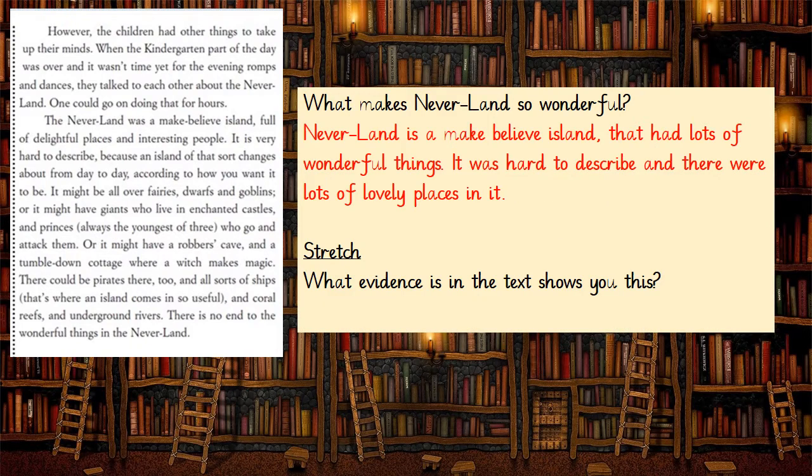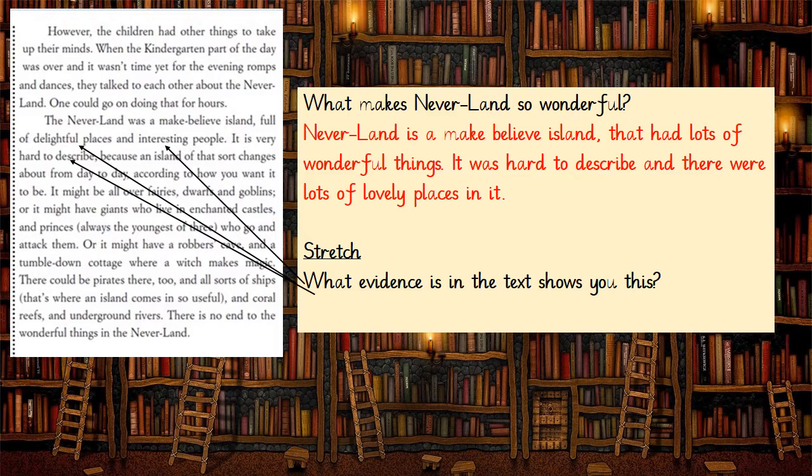So Neverland is a make-believe island that has lots of wonderful things. It was hard to describe, and there were lots of lovely places in it. The evidence in the text, though, is the fact that it uses the words delightful places and interesting people. It says that it's hard to describe because it's that sort of island that changes from day to day, and according to how you wanted it.